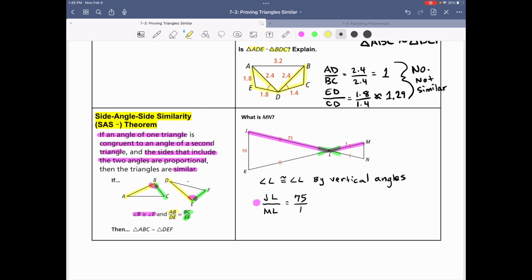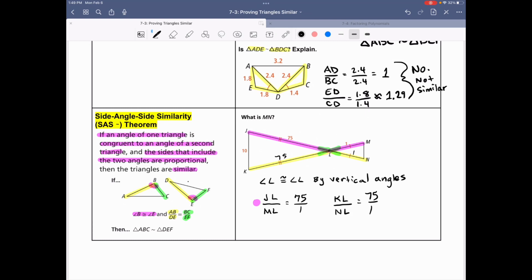Then we have K and L, and we have L and N, but the little similarity marks are telling us that those are the same numbers. So KL over NL, those two sides: KL is 75 also, and NL is 1.